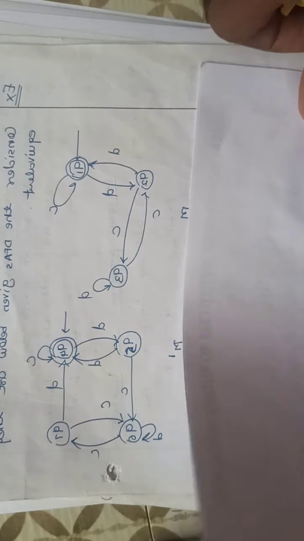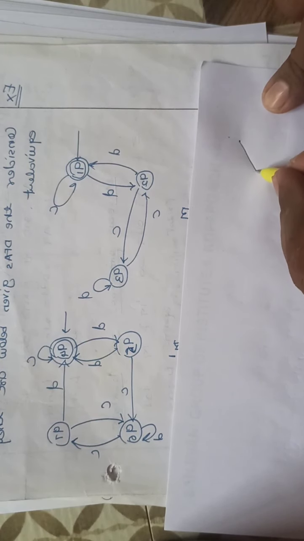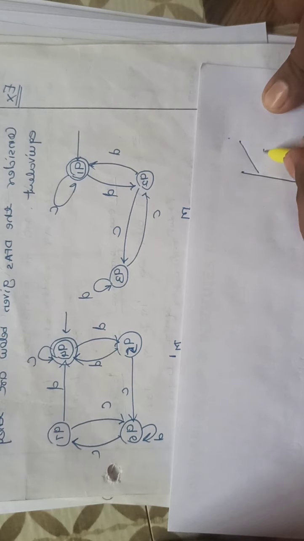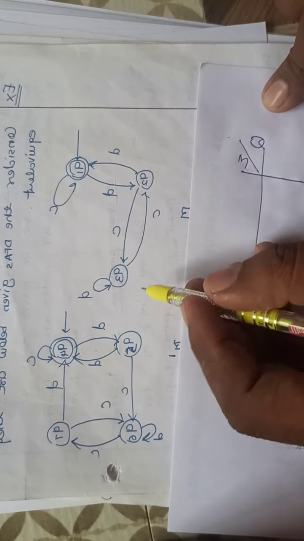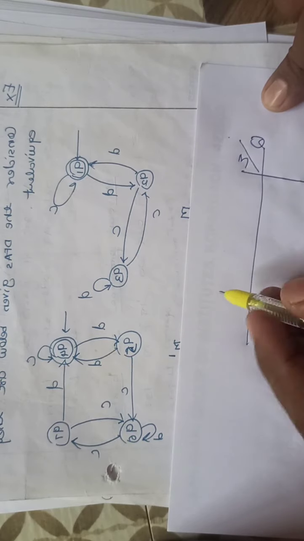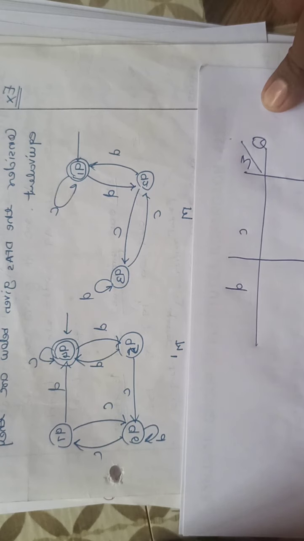Here we are going to build a pairwise transition table. So here we consider capital Q and the input alphabet. In the given transition diagrams, the input alphabet is C and D. So here we have written the input alphabet, and these are the initial states. So we consider pairwise.